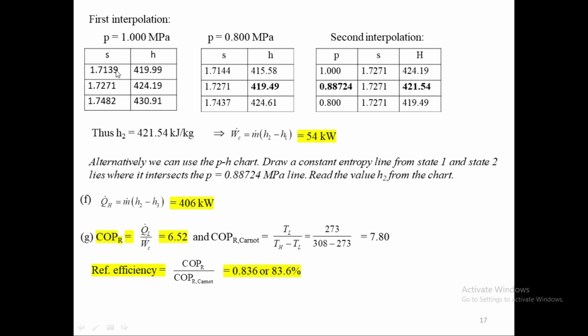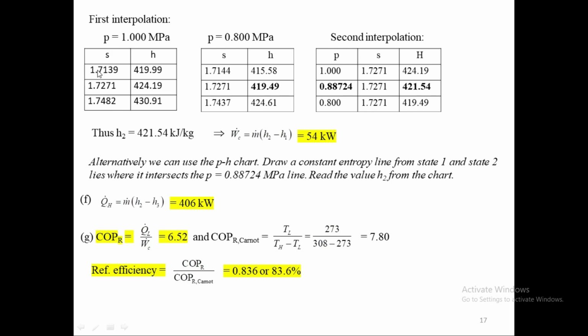From the table we look it up, and for 1 megapascal the entropy value is this much and this much. Then we have this value for which we don't know the enthalpy, and we have 1.71 and 1.74 at 1 megapascal.